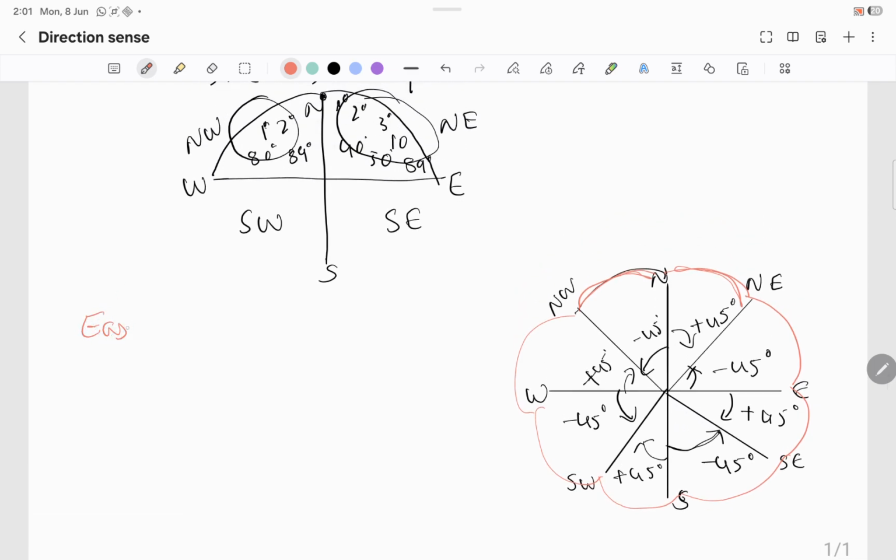Each sector is 45 degrees. Then total 8 sectors is 360 degrees.